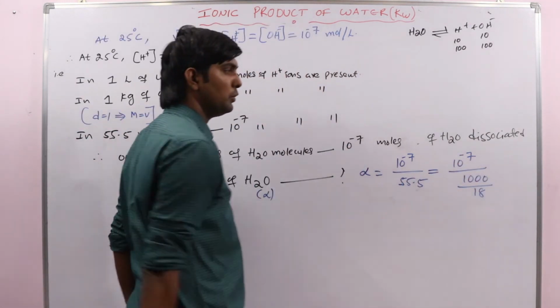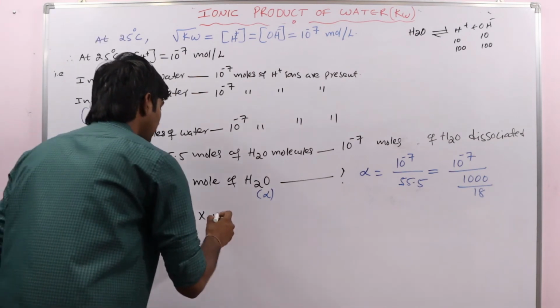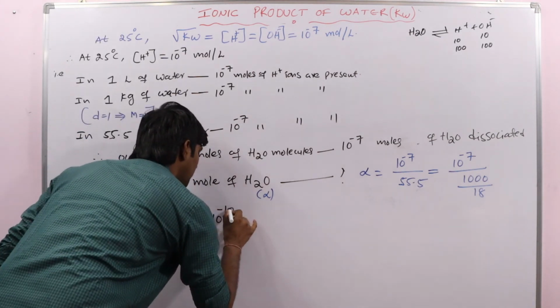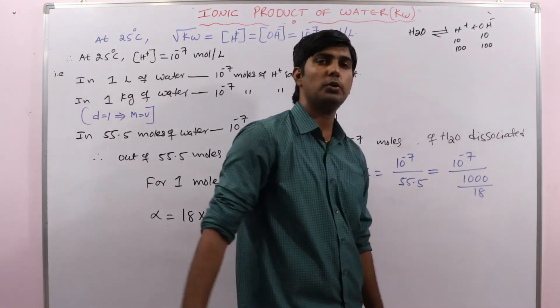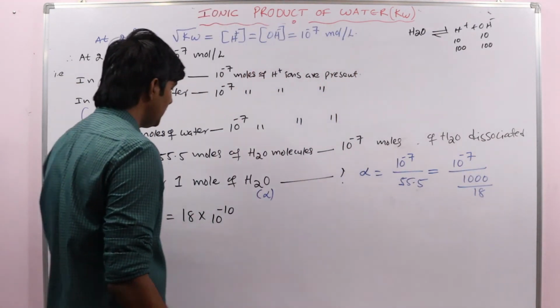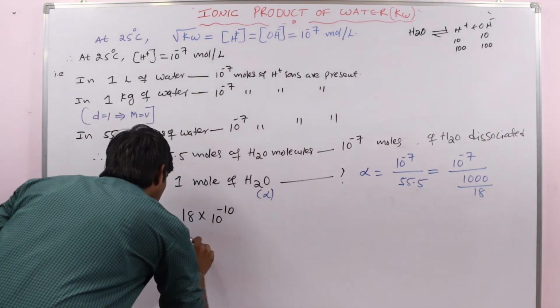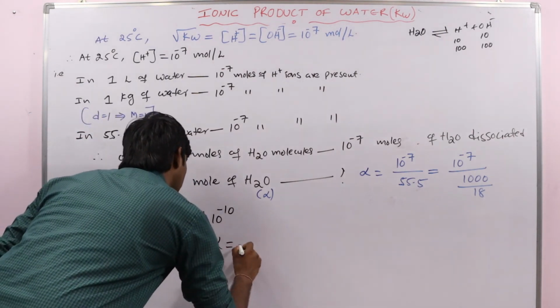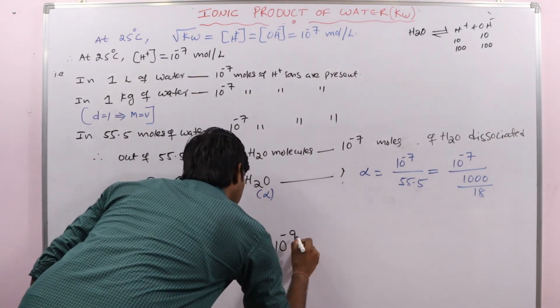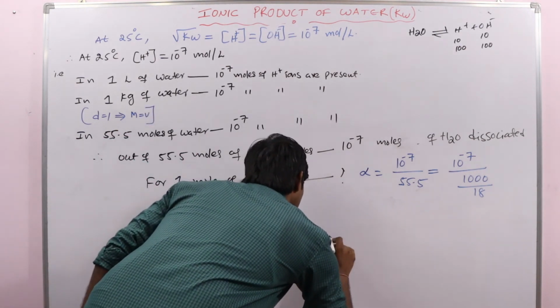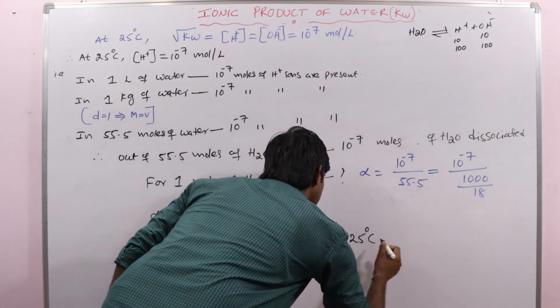The 1000 in the denominator comes into the numerator as 10 power minus 3, so overall we get 10 power minus 10. Therefore alpha is equal to 1.8 into 10 power minus 9 at 25 degrees centigrade.